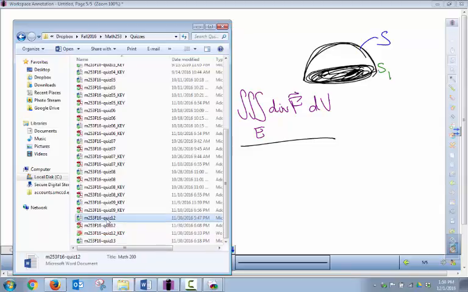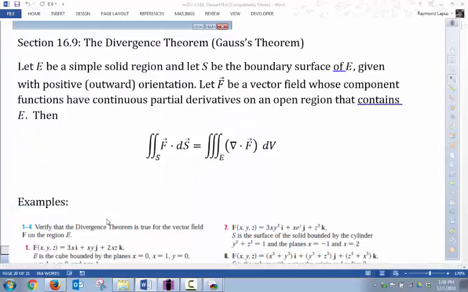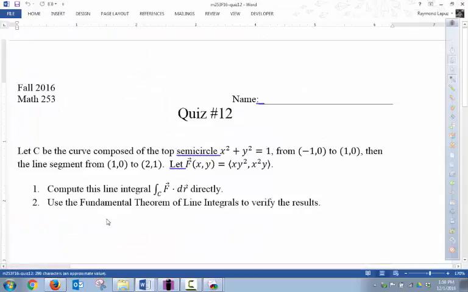One of them goes over the fundamental theorem of line integrals. And what I'm asking you to do is to compute the line integral directly. And then according to the fundamental theorem of line integrals, all you really have to do is find the potential function and plug in the endpoints. Right? So that's what this is going to do.